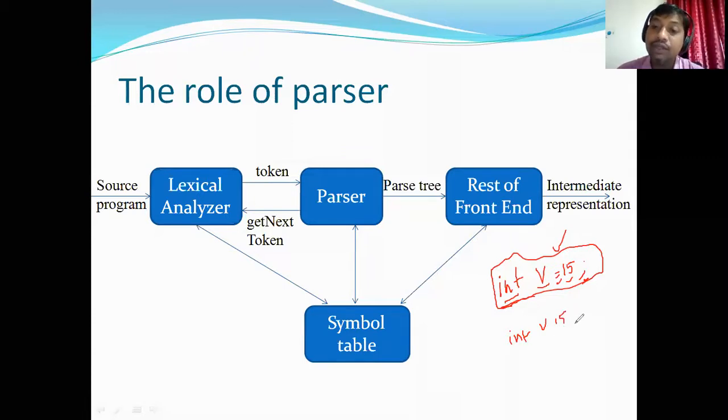Okay, even though they are lexically correct, int is one keyword, b is a variable or identifier, and 15 is a numeric value. Even though they are lexically correct, lexically they are perfect. Okay, they are lexically all right, but they are syntactically wrong.